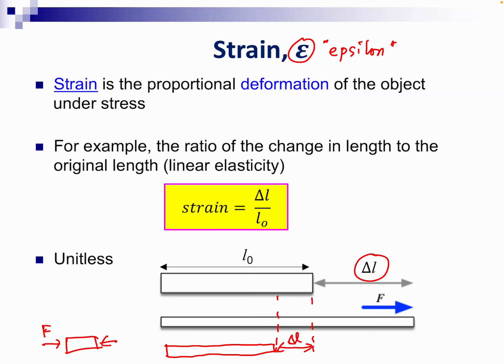So delta L can be either how much your object elongated or how much it's compressed, depending on whether you're applying tensile stress or compressive stress.